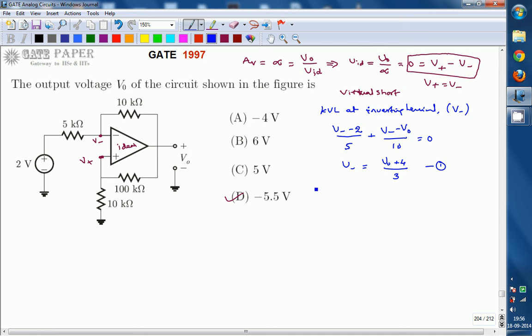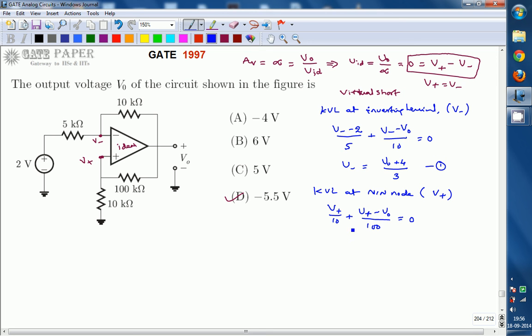Next, we apply KVL at the non-inverting node. The non-inverting node is V plus. So V plus by 10 plus V plus minus V0 divided by 100 is equal to 0.